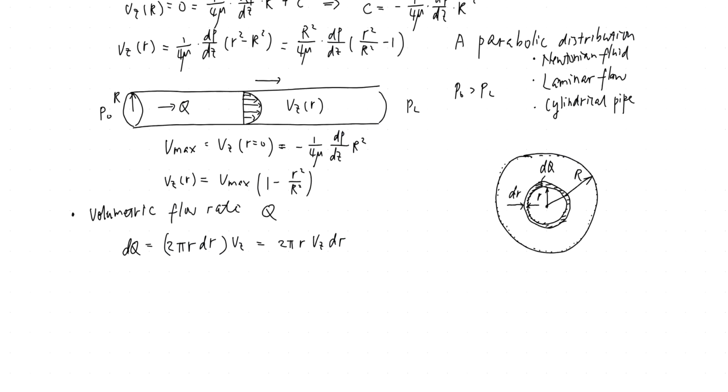Now, if you want to find the total Q, you integrate over all the dq's, which means you integrate over the entire domain, which is r from 0 to capital R. If you plug in the expression of vz and work step by step, you will get the expression minus π r to the power of 4 divided by 8 μ dp/dz.